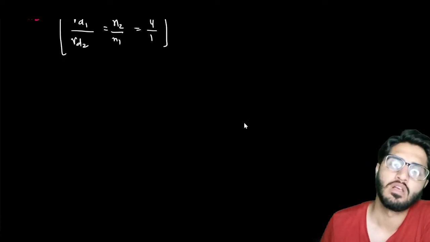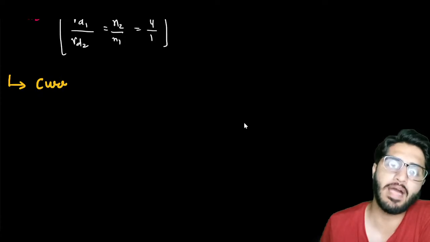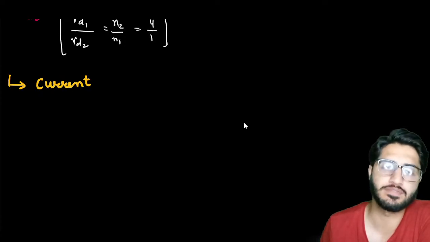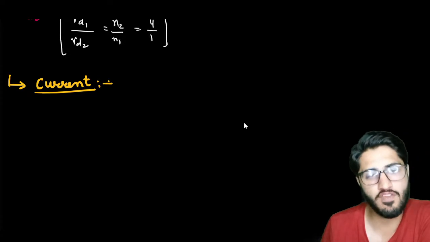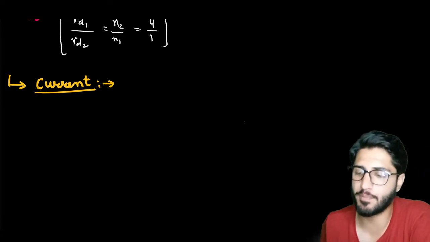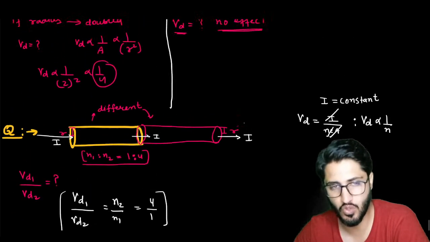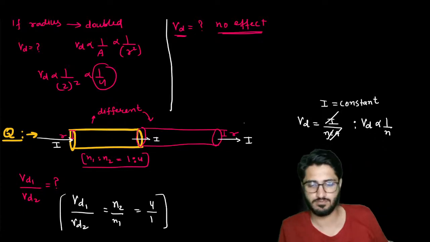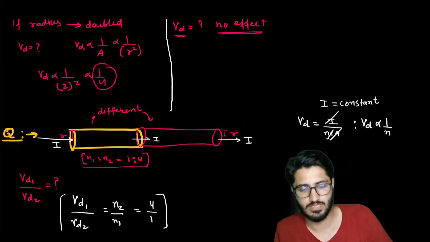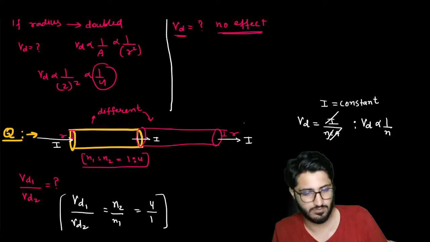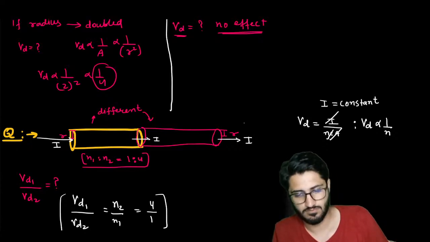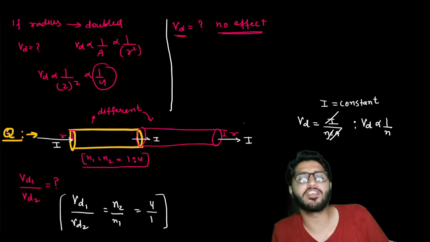Suppose, do you know whether current is a microscopic or a macroscopic quantity? Which one? You need to note this down. Take a screenshot of it.